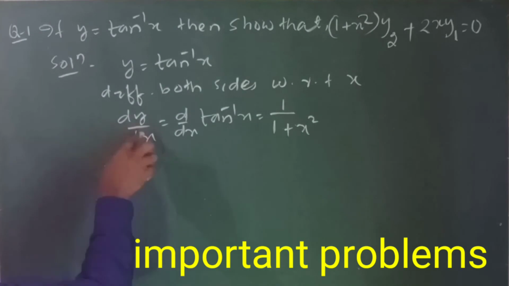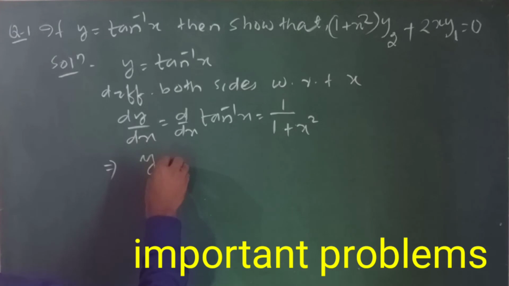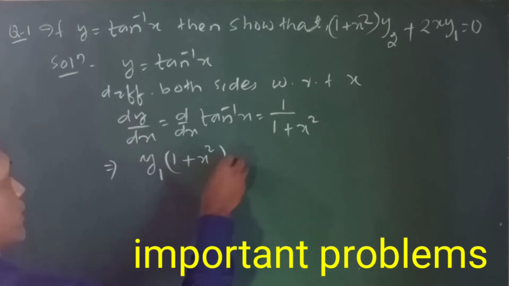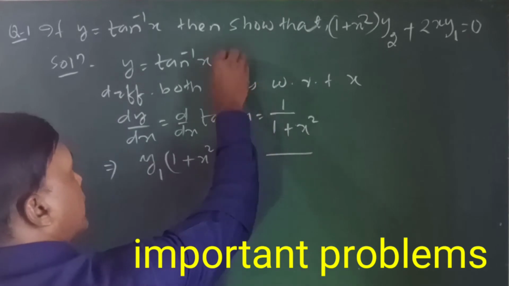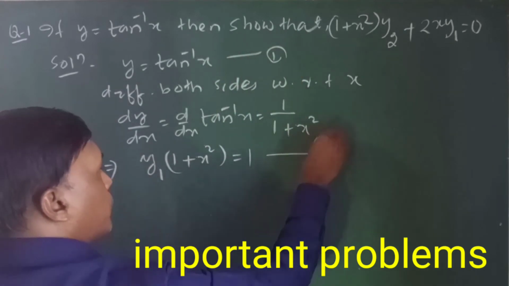Dear students, we have this dy by dx is y1 as the notation, y1 into 1 plus x square, multiplied, is equal to 1. So this is equation 1 and this is equation 2.